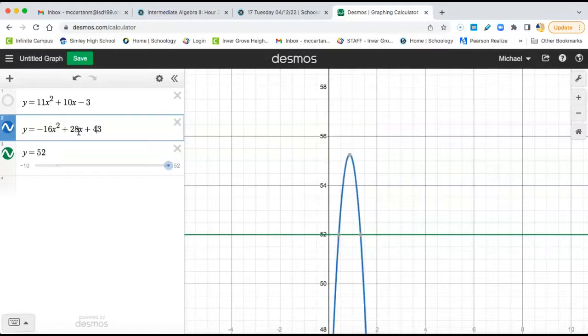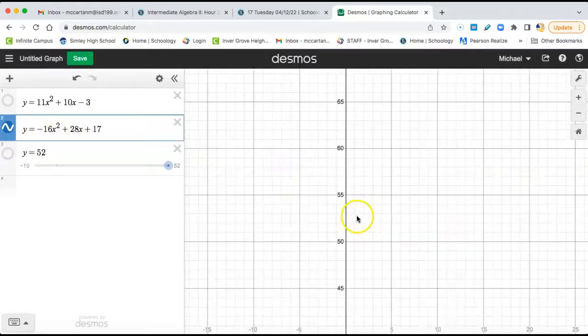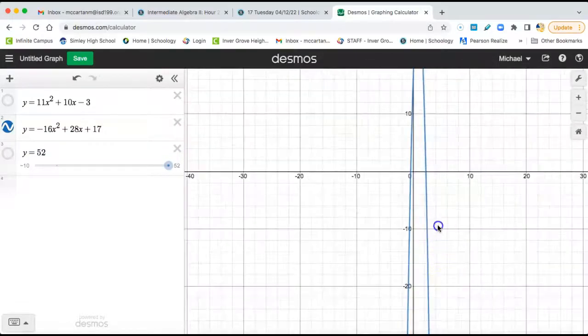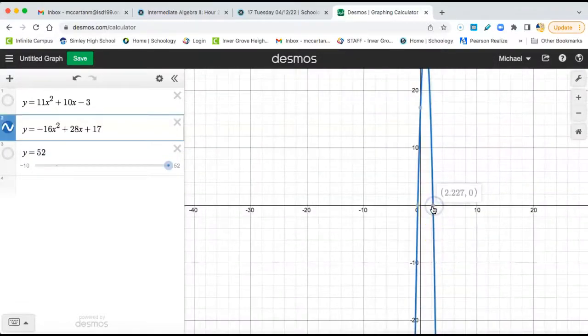And this was 17. I can scroll out to find it. There it is. Scroll back in. Again, I just clicked right there. There's one answer, 2.23. Now that is the answer. That negative answer doesn't make sense, okay?